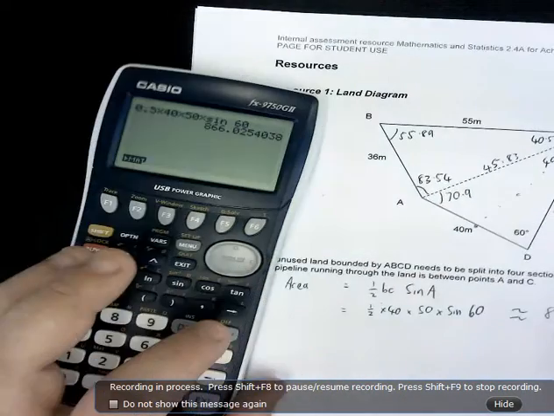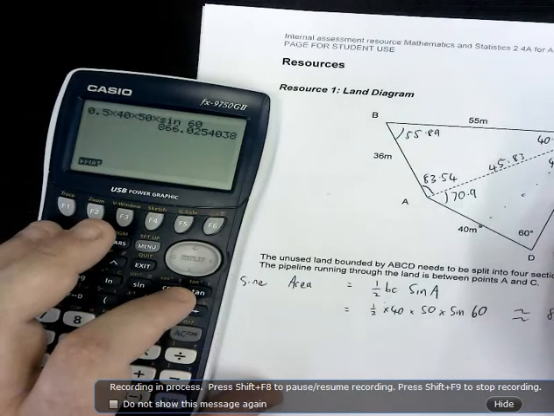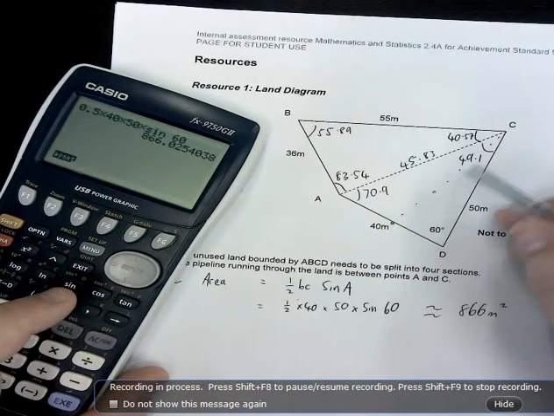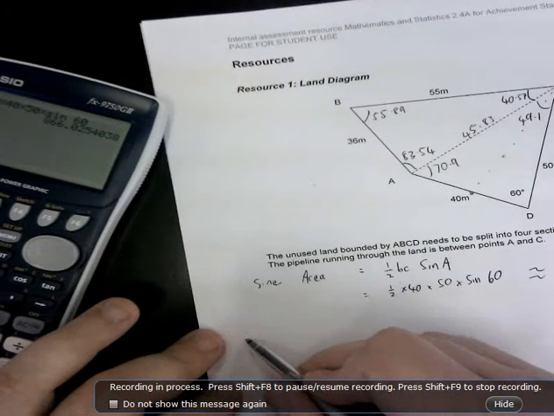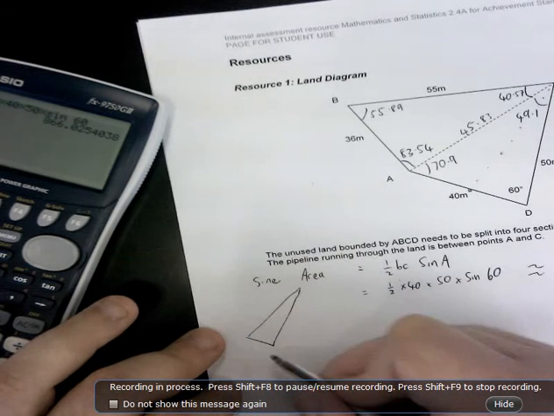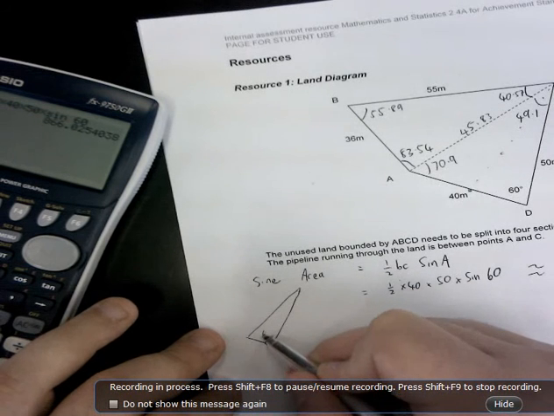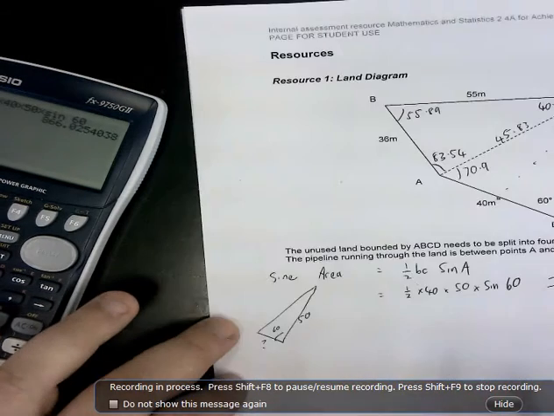Well, I'm going to say that this area here, this triangle here, will be, and I don't know this side here, I'll make that 400 meters.